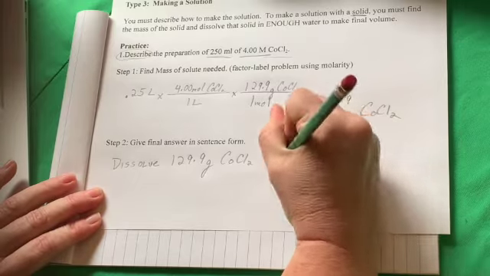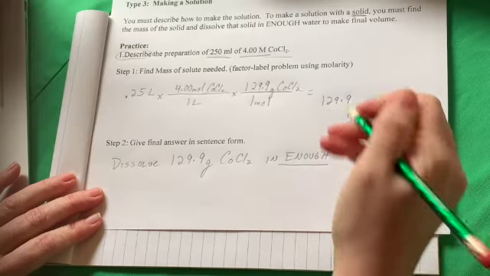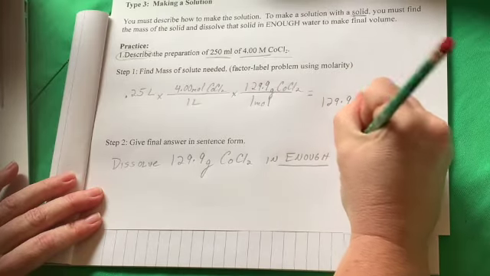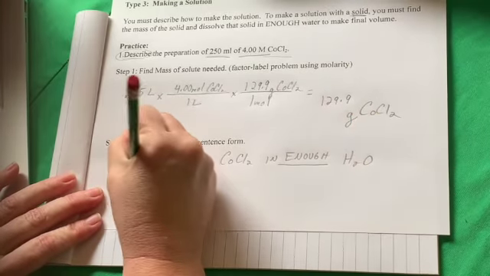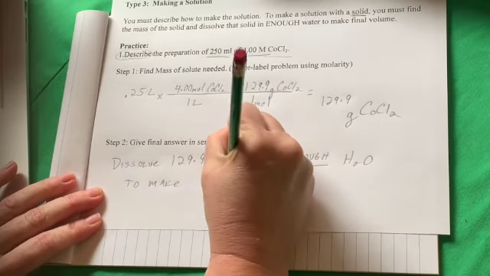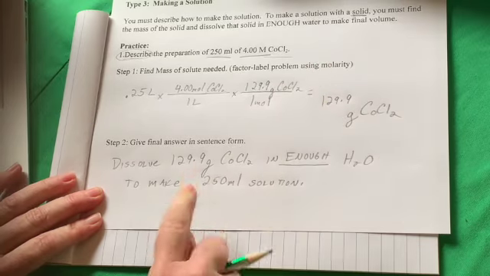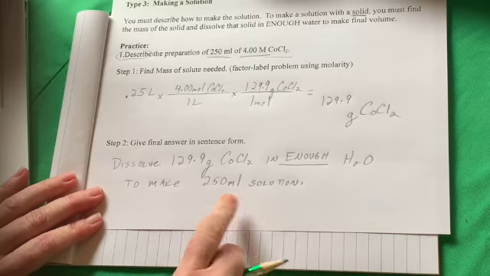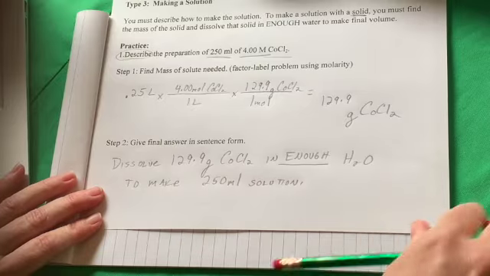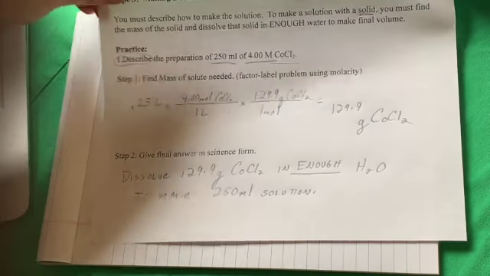Remember, when I was using that graduated cylinder, I poured the water up until it was the volume that I needed. Or you certainly could have written here 0.25 liters of solution. All right, going ahead and try our next practice problem.